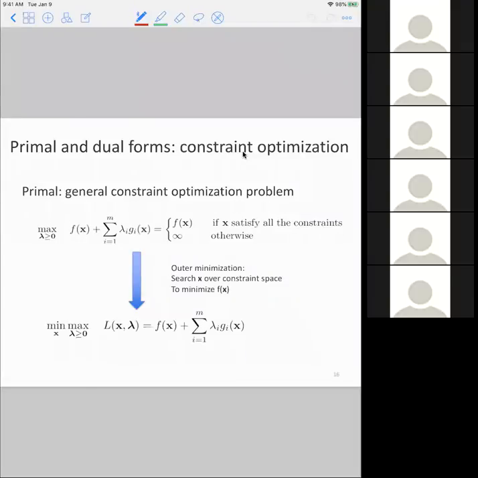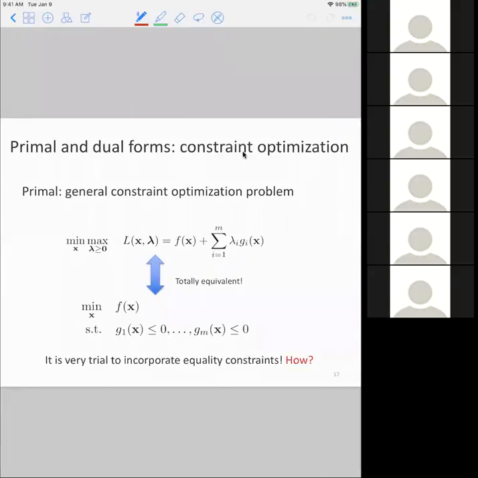So now we can see that for an arbitrary general constrained optimization problem, we can convert it into a minimax optimization problem on its Lagrange function, right? In the minimax optimization, we get rid of the constraints over X. We only need to put non-negative constraints over the Lagrange multipliers. Following the same idea, it is very trivial to incorporate equality constraints.